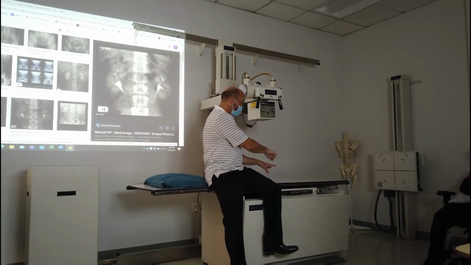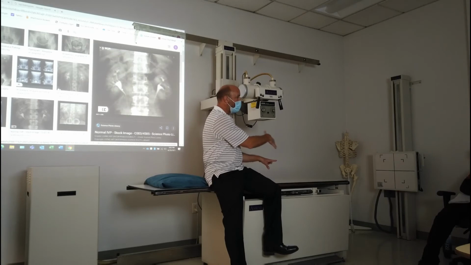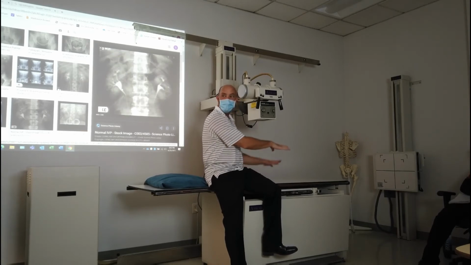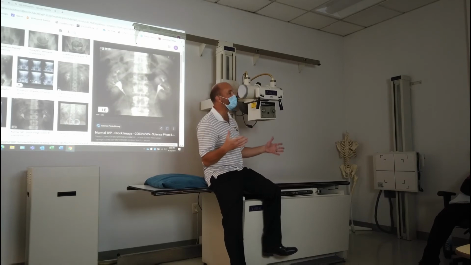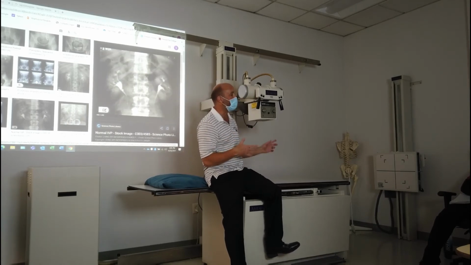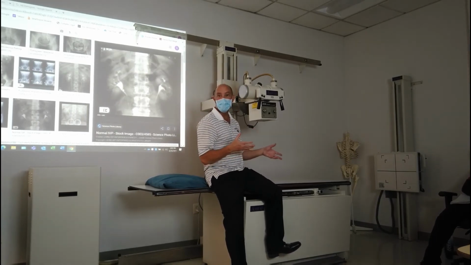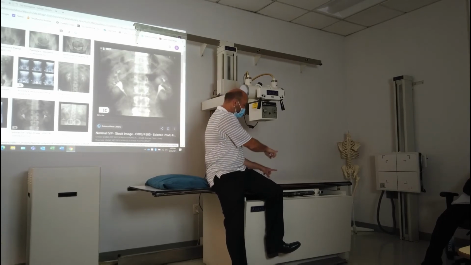But areas above and below it, the X-ray beam is going through different areas, throwing all this different stuff all over the image receptor. So basically it's utilizing the theory of motion to blur structures above the area of interest and below the area of interest.